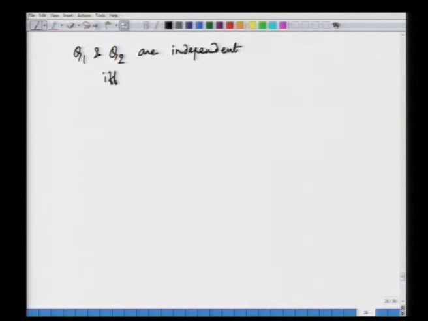if and only if the product of the associated matrices is a null matrix. So, the product of the associated matrices, the first one is C transpose A C and the next one is C transpose B C, this is null.